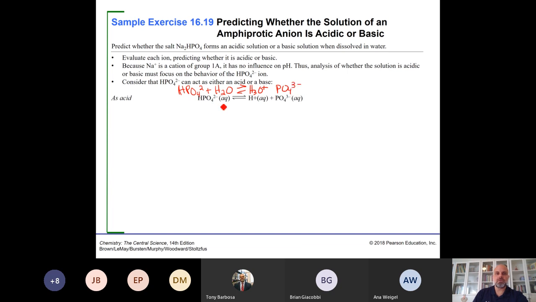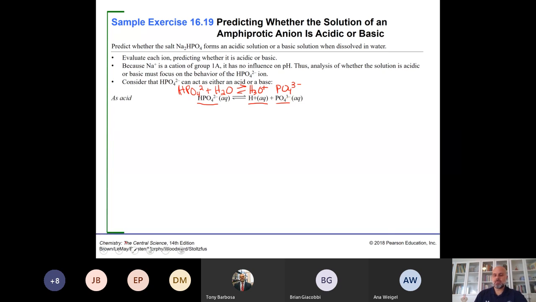So you can see now we've started leaving out the water. The water is being left out now, where we're just simply looking at the dissociation of the ion itself. So we have the ion dissociate to give us the protons plus the conjugate base of the acid.